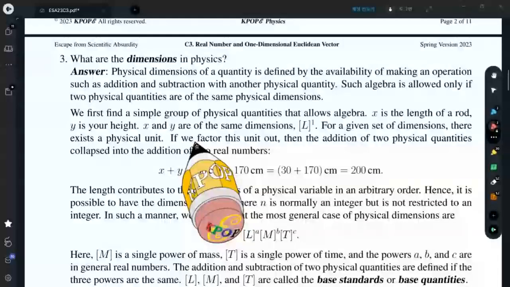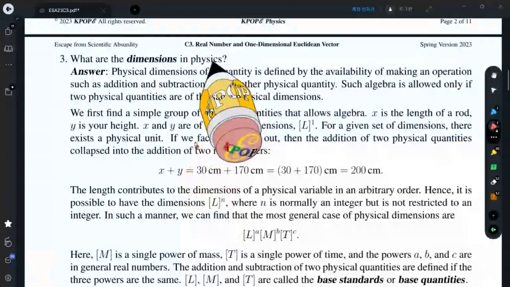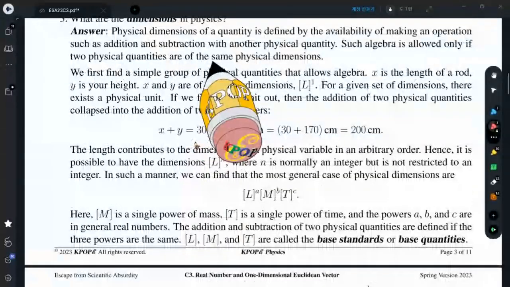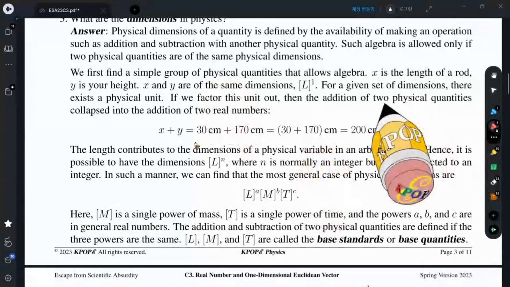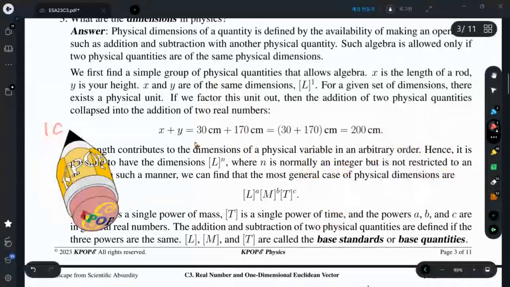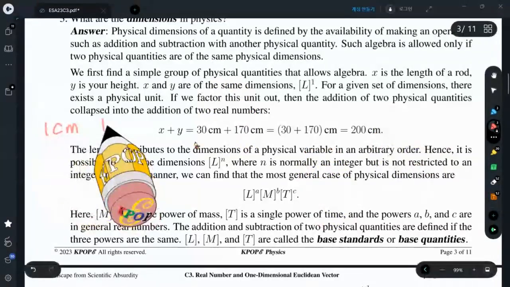What are the dimensions in physics? The physical dimension of a quantity is defined by the possibility of making an operation such as addition or subtraction with another physical quantity. We solved the problem in the previous class: 1 centimeter and 1 kilogram.